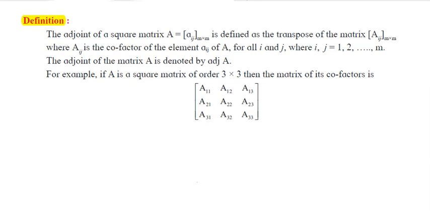The adjoint of matrix A is denoted by adj A, short form of adjoint.